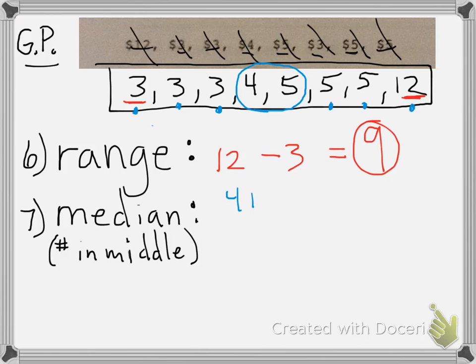So this is a step to solve the median if you have 2 numbers in the middle. If there's just 1 number in the middle, then that's your middle number. So it's really simple. But this time, there's 2 numbers in the middle. It's a 4 and a 5, so you add 4 plus 5, and then you're going to divide by 2. And then it's going to be 9 over 2. If you do the work off to the side, you'll get 4.5.